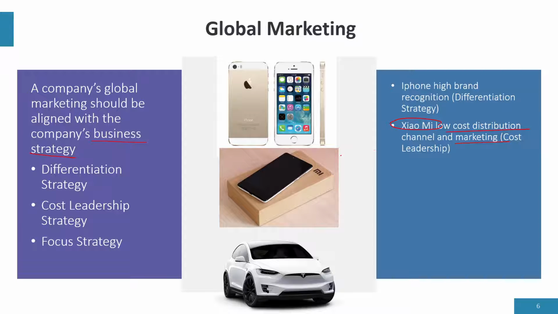So they have a very good camera, for example. They have a very good system, for example. But they just keep the price of the smartphone as low as possible. That's when they use a cost leadership strategy.